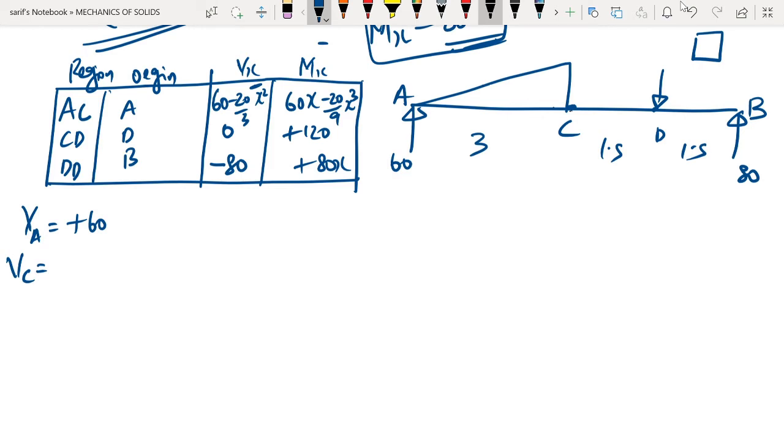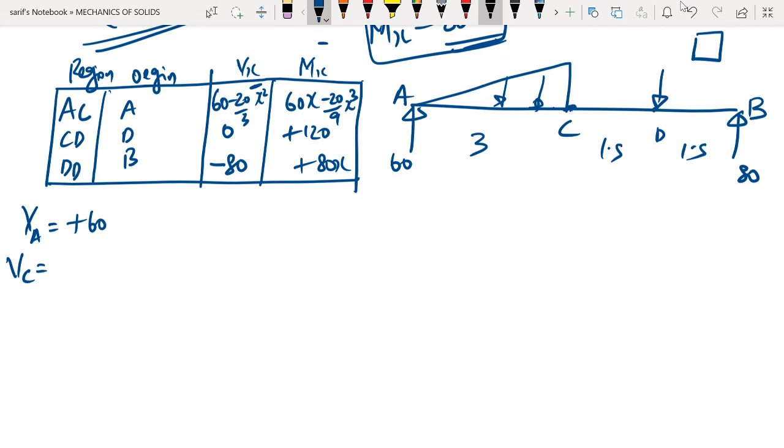Here we only have a distributed force in the region AC, and therefore it will be a continuous value. Whereas if there is a concentrated force here, the shear force at C would have two different values. Since there is only distributed force, point C will have only one single value of shear force.